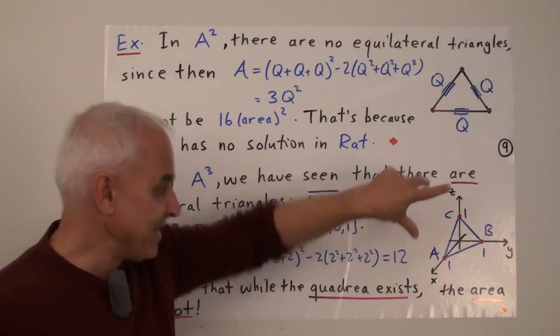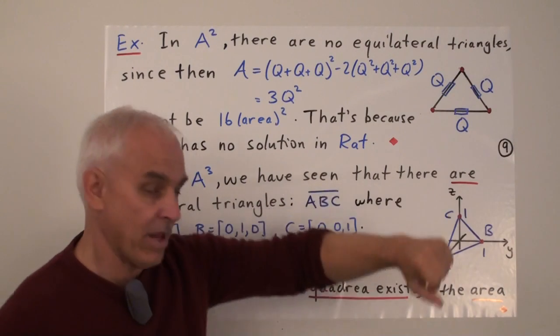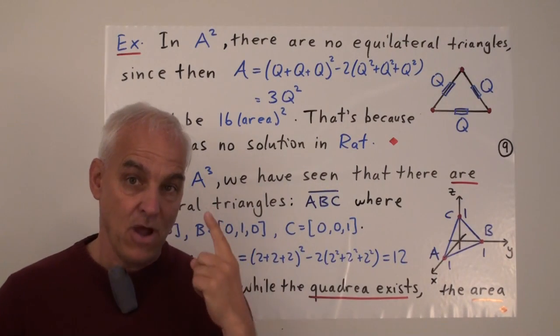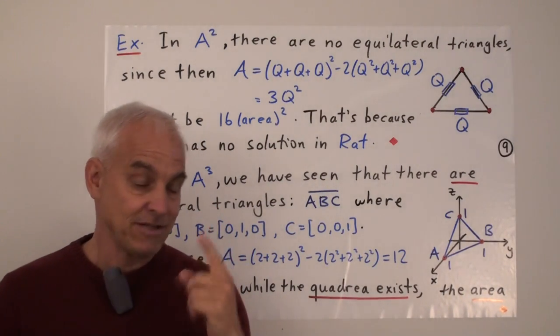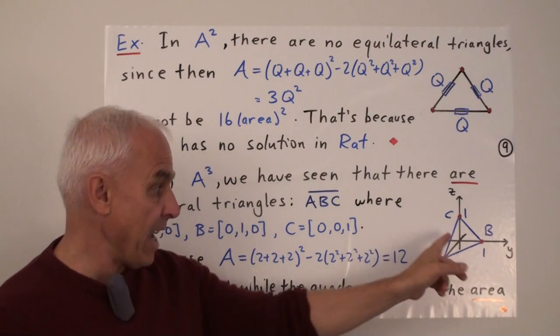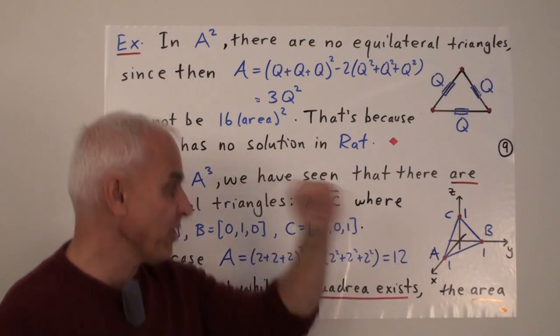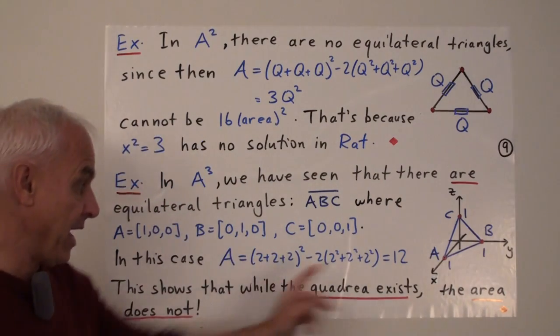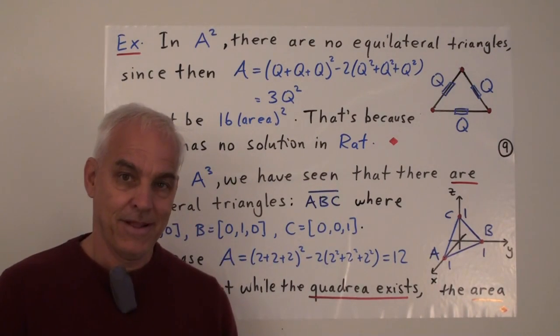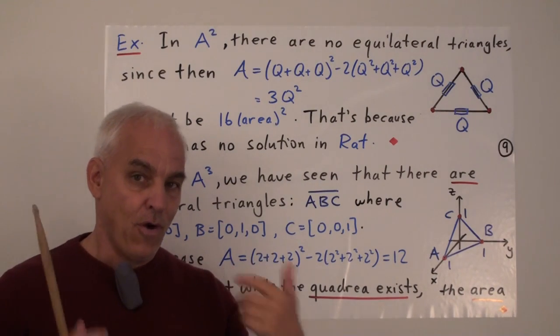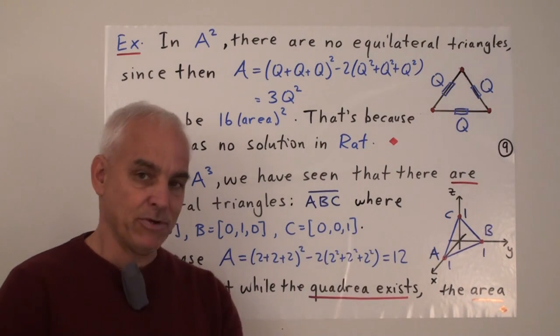It's the area of this equilateral triangle which is not a well-defined concept. It does not make any sense to say what is the area of that equilateral triangle. You can ask what is the quadrea of that equilateral triangle, and the answer is 12. That's what we can do over the rational numbers in this geometry.